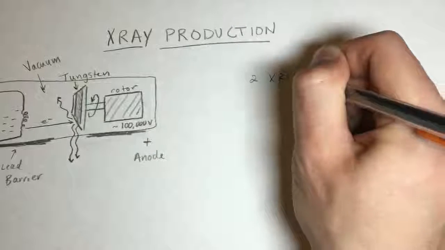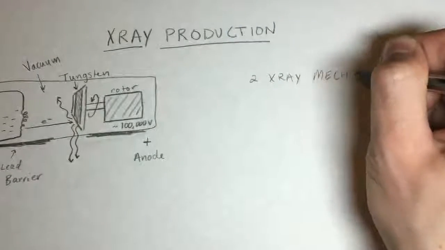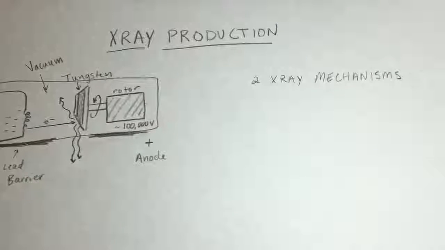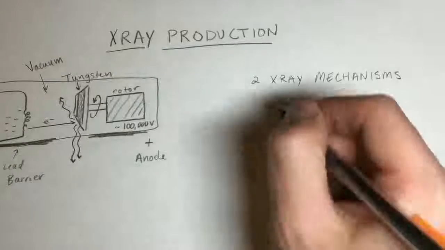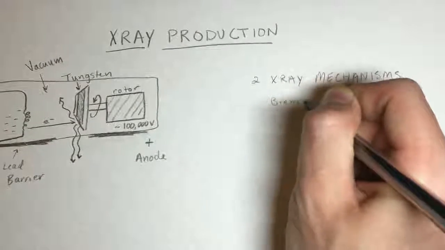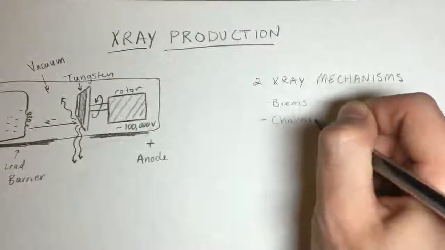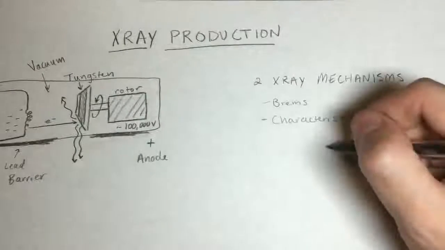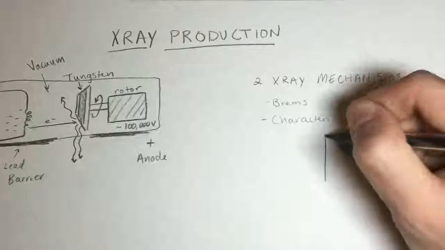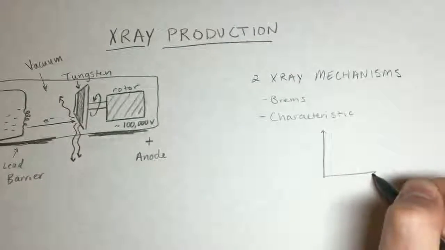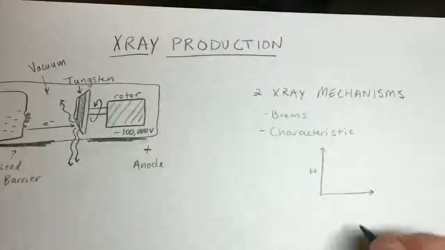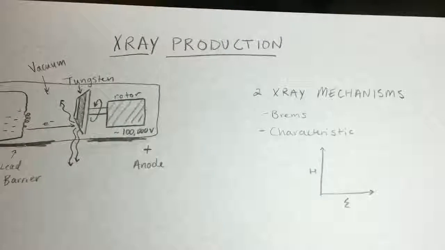And so there's two main mechanisms that we get X-ray production from. One of which is going to be the Bremsstrahlung mechanism. We're just going to abbreviate that as Brems, and the other is characteristic. Now, if we look at a little graph here, on the y-axis we have the intensity of the X-rays produced and the energy of the X-rays produced.